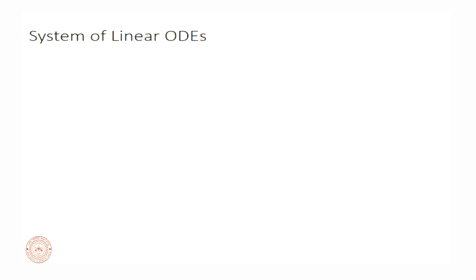Okay. Now, if you have a system of linear ordinary differential equations, we have so far done first order ODEs. Now, if you have more than one variable, just like a non-linear system, you have linear ODEs with more than one variable. Say an example is du by dt plus v equals a, and dv by dt plus u equals b.